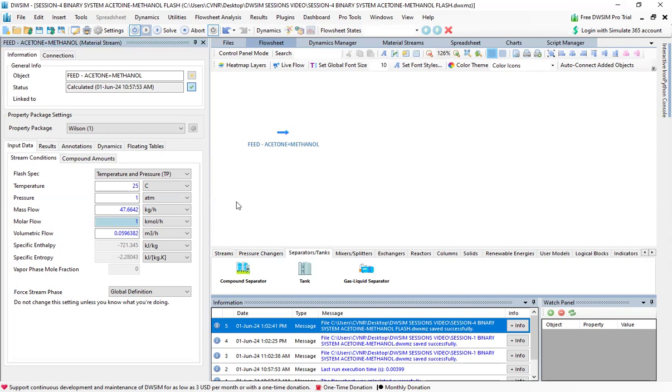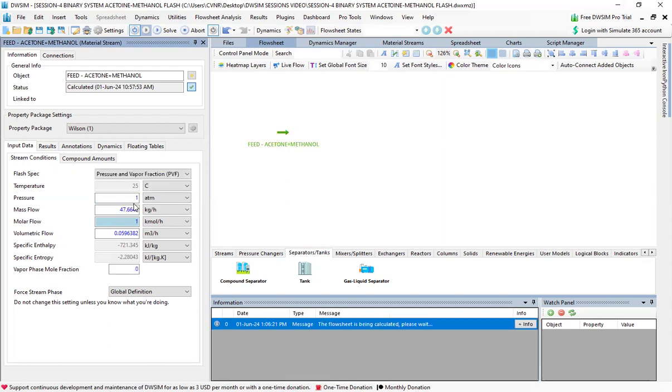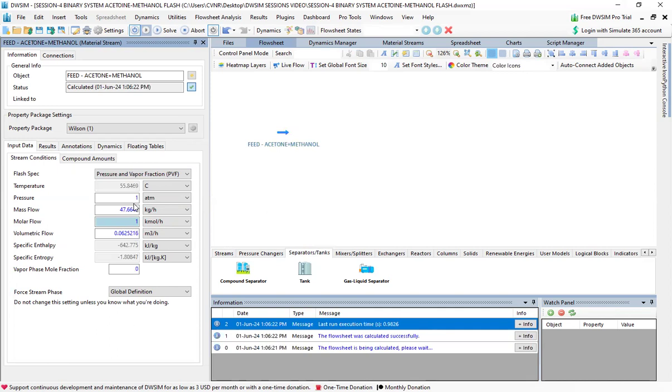Instead of taking temperature and pressure, I choose pressure and vapor fraction. When I say pressure and vapor fraction, that means I know pressure and I'm finding temperature. The pressure is 1 atmosphere and the vapor fraction is 0, which means it is entirely liquid.